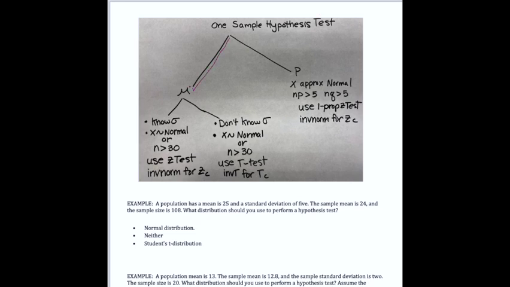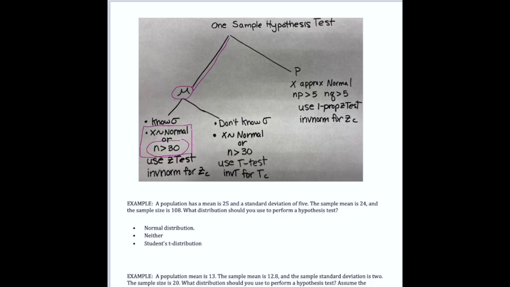If we are doing a hypothesis test about a mean, there are certain assumptions that we need to make. We need to make sure that the underlying distribution, which is our individual values of x, is either normal, or the sample size is sufficiently large. Most statisticians are happy with saying that the sample size is greater than 30.